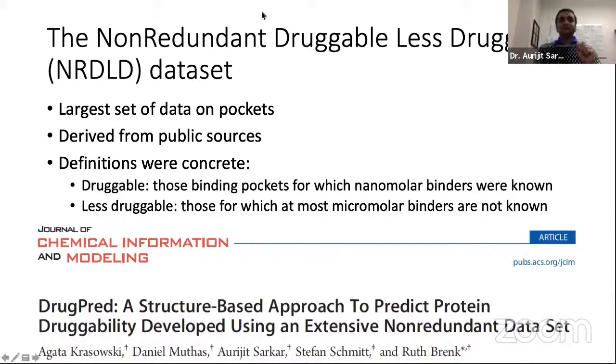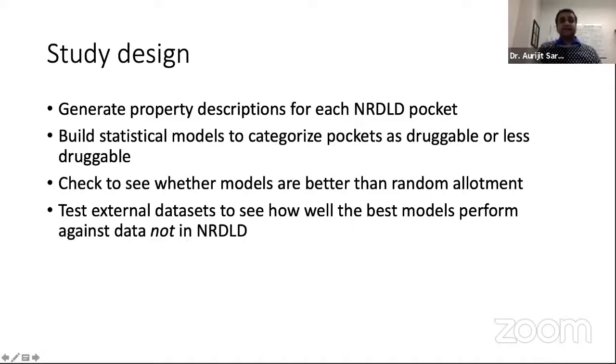So we needed a large database. We had at that time what was the largest set of pockets where we had the definitions and it was well accepted. We went ahead and built models using that data set to try and predict which ones would be druggable, which ones would not be druggable.